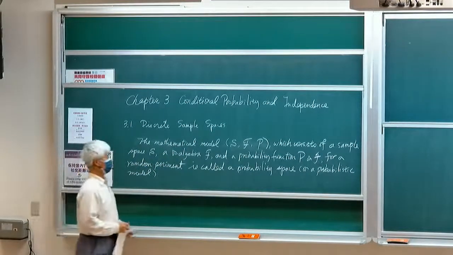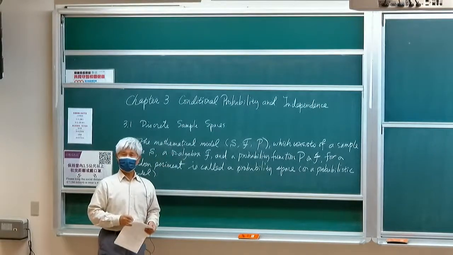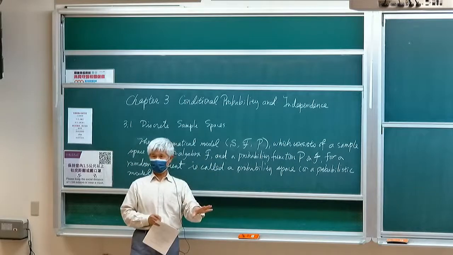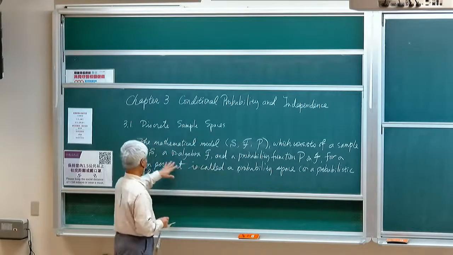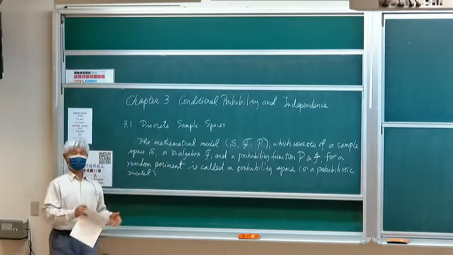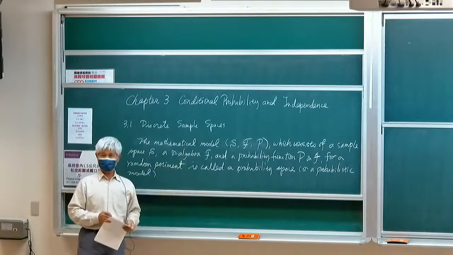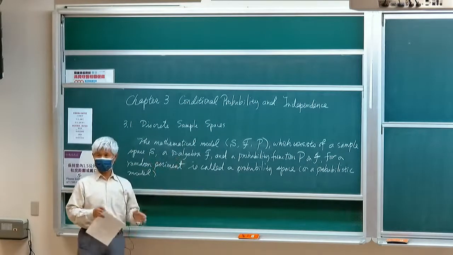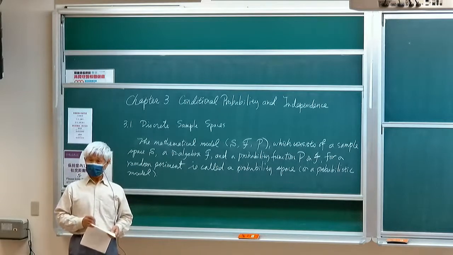Okay, so if we want to investigate a random experiment, we have to establish first a sample space for this experiment, and then we will select a proper collection of events of interest we call a sigma algebra, which satisfies some logical structure.